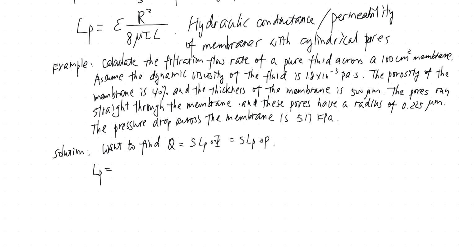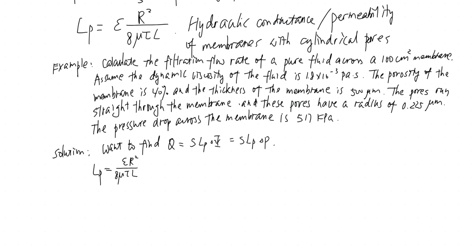L_P is the conductance, and we just learned how to find it. It is epsilon r squared divided by 8 mu L. Do we know everything here? Yes, we are given the porosity, the radius of the pores, the length of the pore, the viscosity, and the pore path.